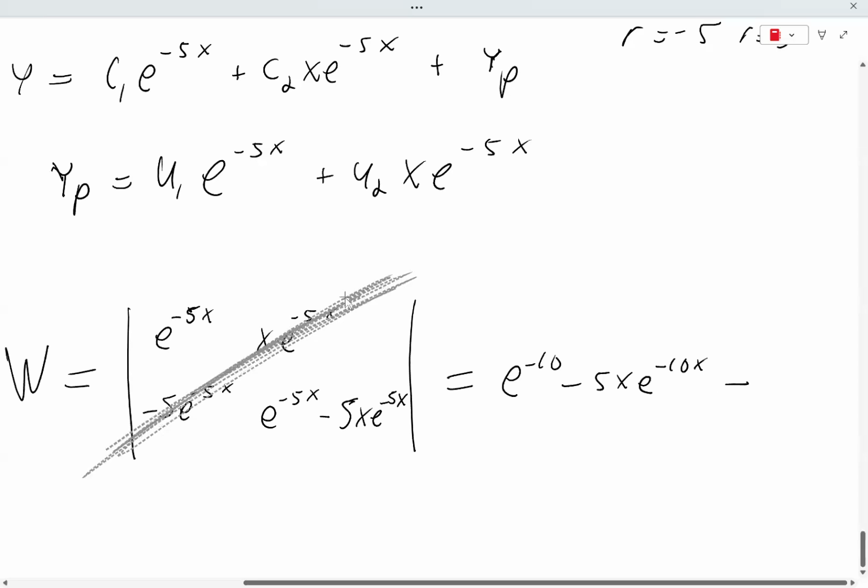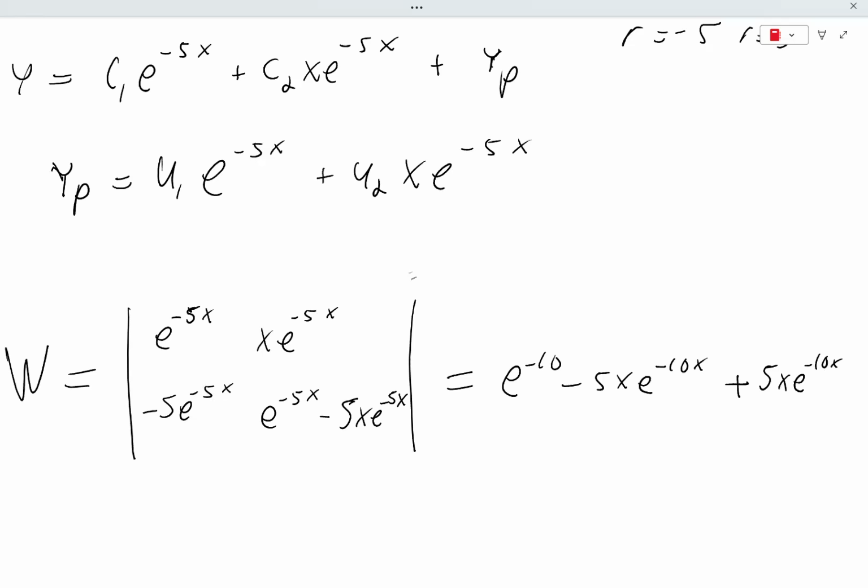I guess that turns plus then. So you get plus 5x e to the negative 10x, because when you multiply, remember, you add the exponents there. Okay, any questions so far? So that's just doing that determinant. You multiply crisscross, multiply, and subtract there. And then these two cancel nicely for this. So you get e to the negative 10x.